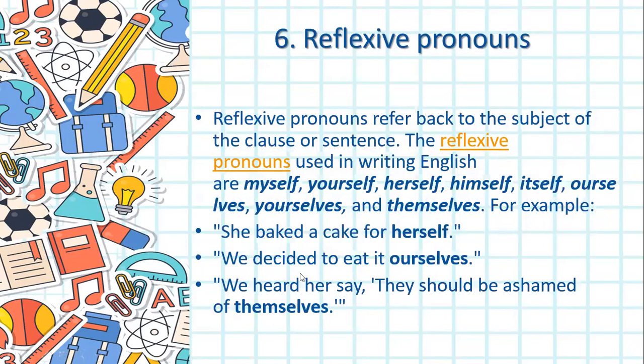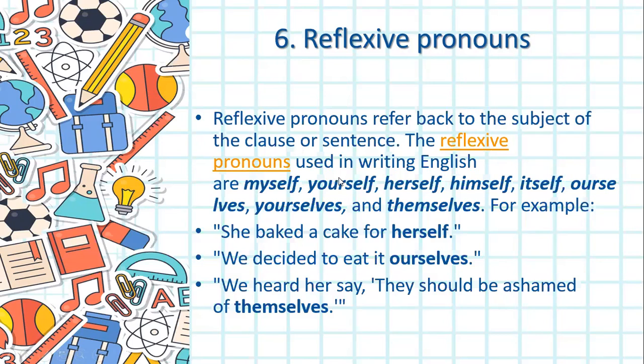As you have noticed, maybe you knew about it earlier, if the pronoun is in plural, you change F into VES. So that's why this is not ourself, but ourselves, yourselves and themselves.